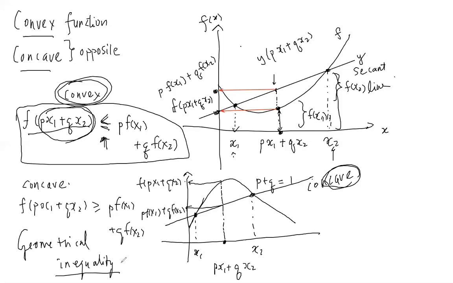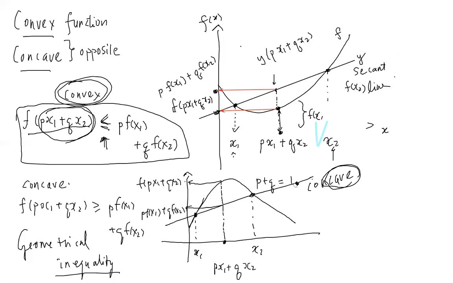That's why I encourage you to always think of things geometrically, because that would help you solve a large class of such problems that are based on geometry. So we have this result, and now we are ready to talk about something called Jensen's inequality.